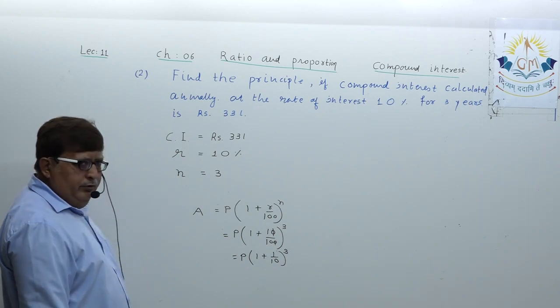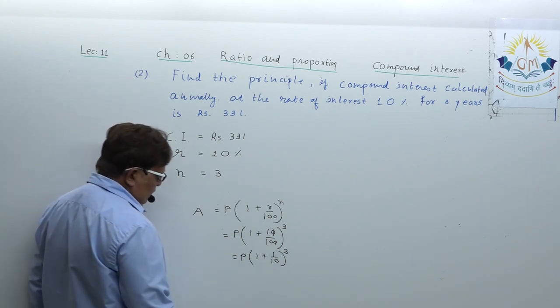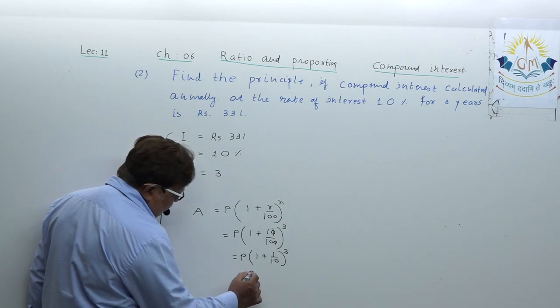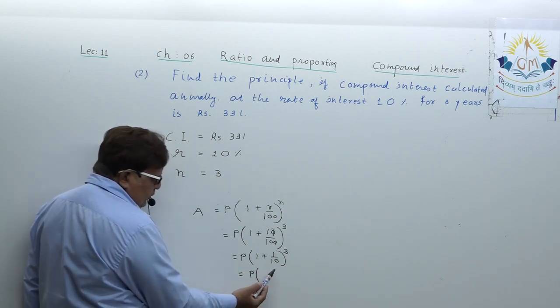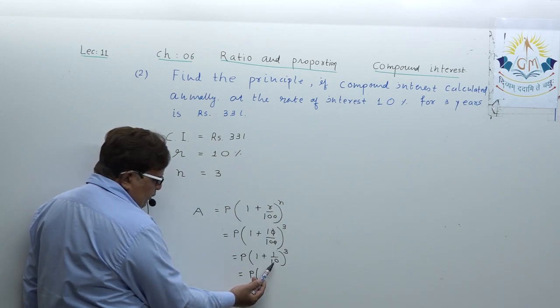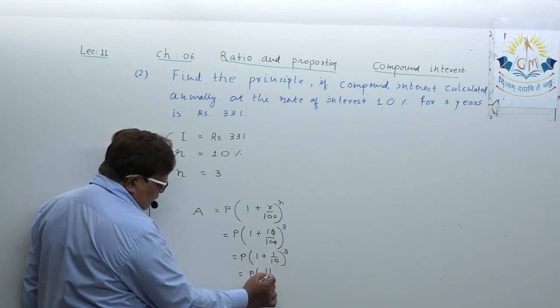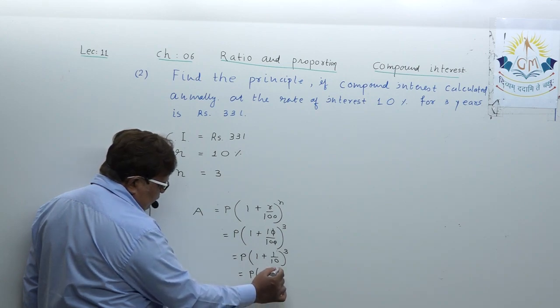You understood this? Next step, P into bracket, if you take 10 as the LCM, 10 plus 1, 11 upon 10 raised to 3.